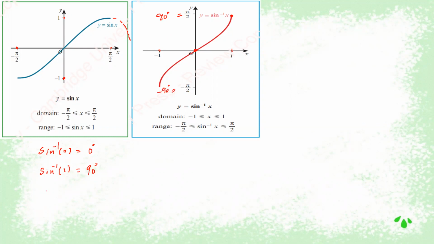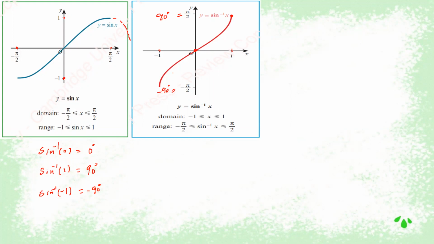So sine inverse of minus 1 gives us negative 90 degrees. Remember that we are looking at the range of minus 90 to positive 90, so we will not think about the second, third, or fourth quadrant. If our value is negative, we know which quadrant it can be.